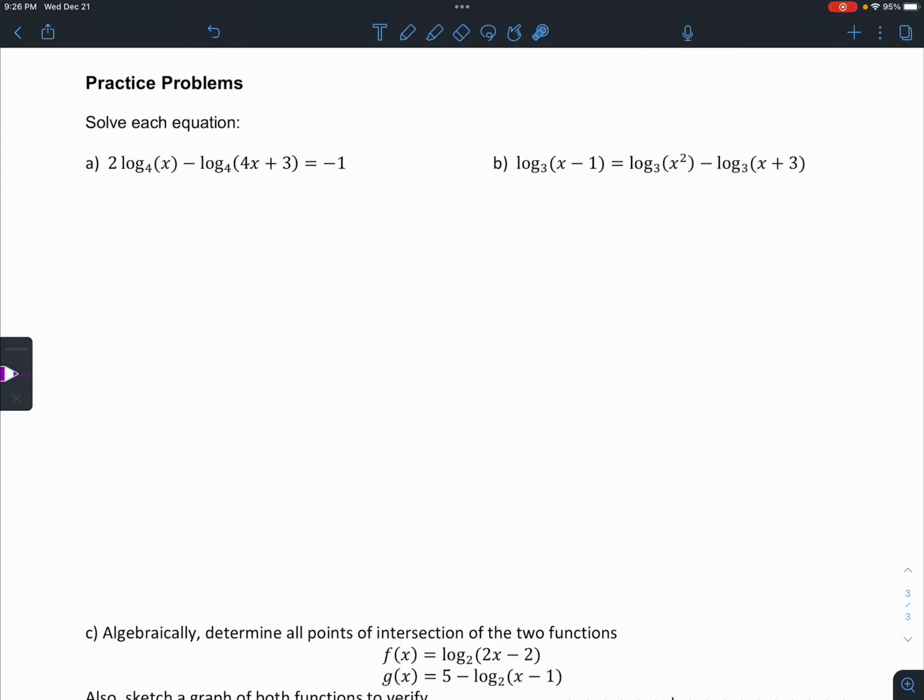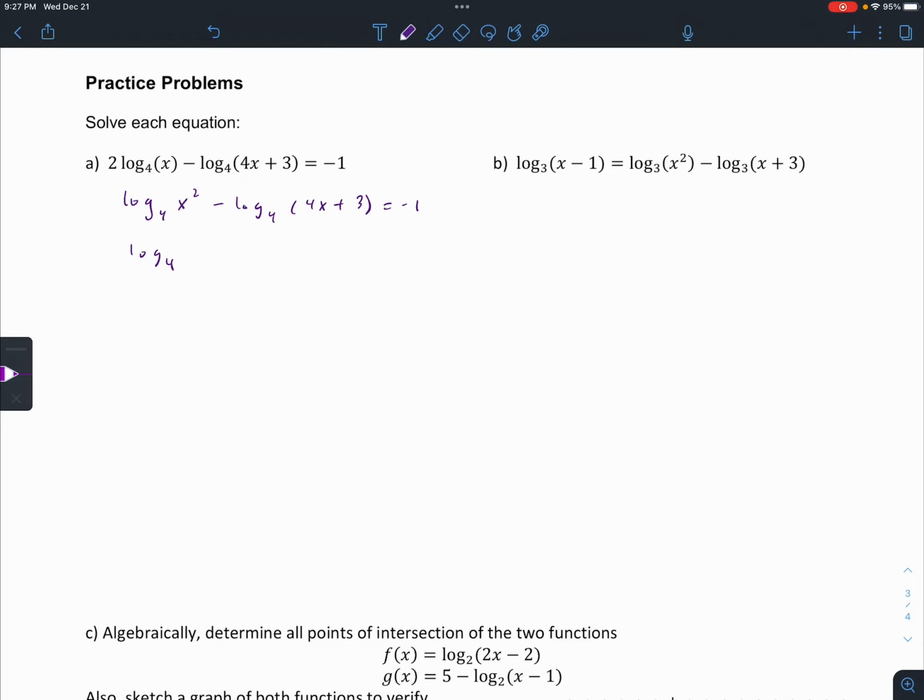All right, so here what we would want to do for part A is we want to use the power law and bring the 2 on top. Log to the base 4 of 4x plus 3 equals negative 1. Now, since there's a subtraction between the logs, we can use the quotient law.